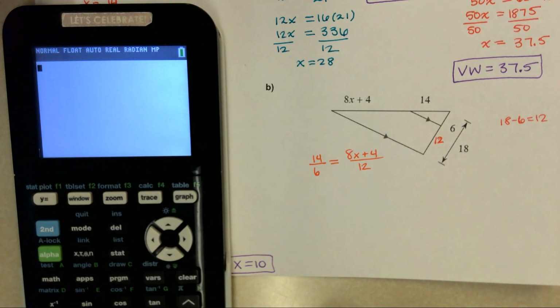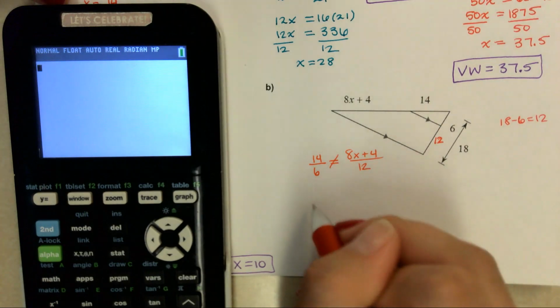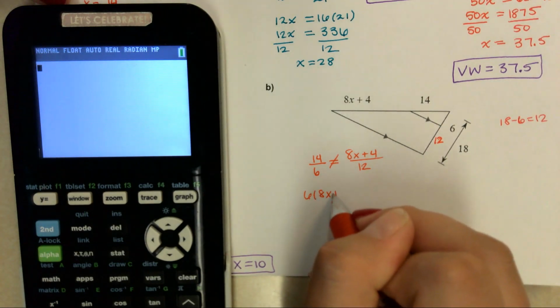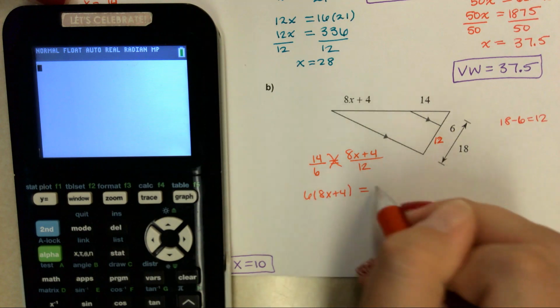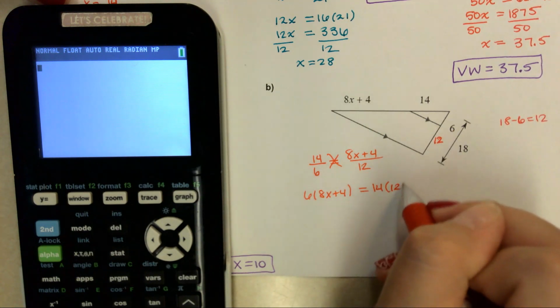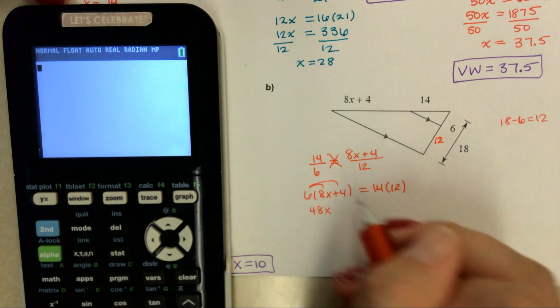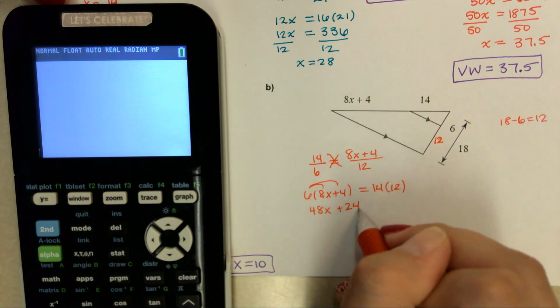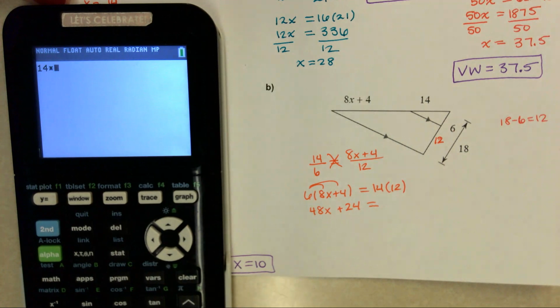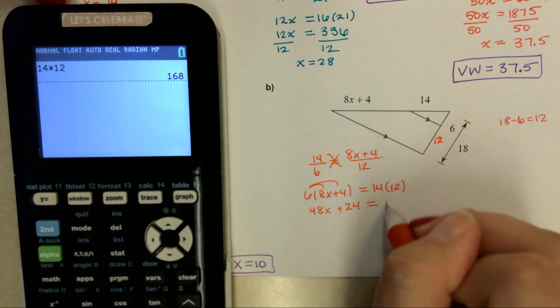Okay, then I'll cross multiply. 6 times 8x plus 4 equals 14 times 12. So I get 48x plus 24 equals 168.